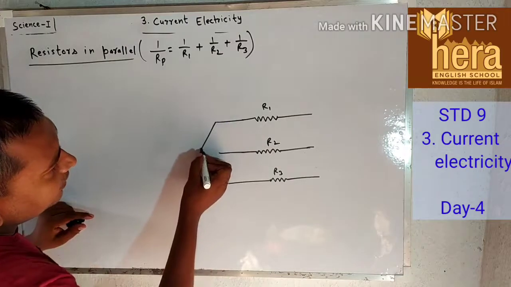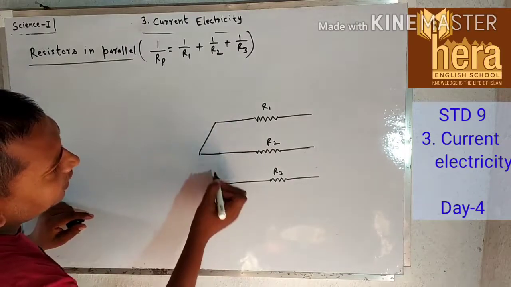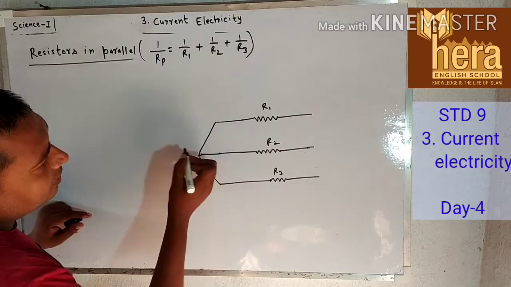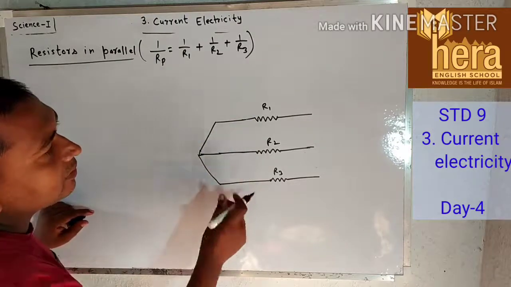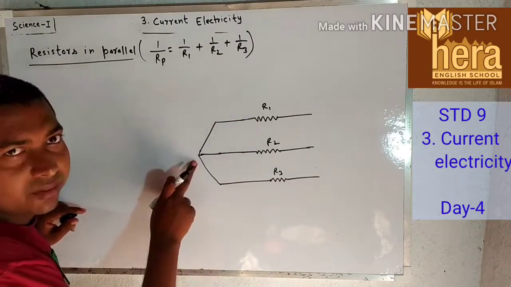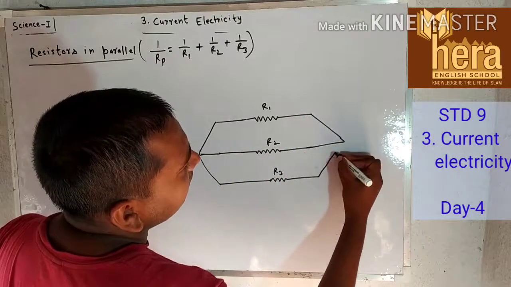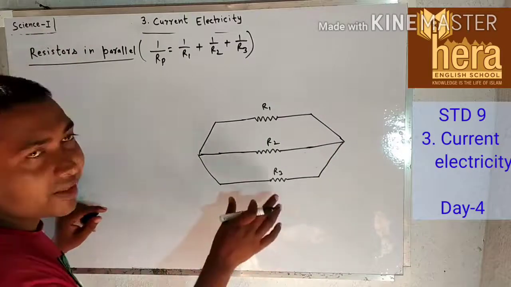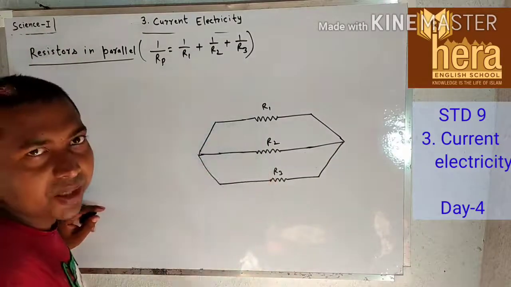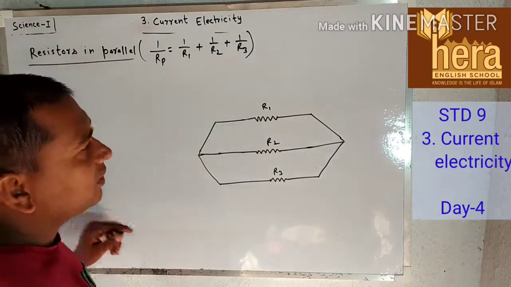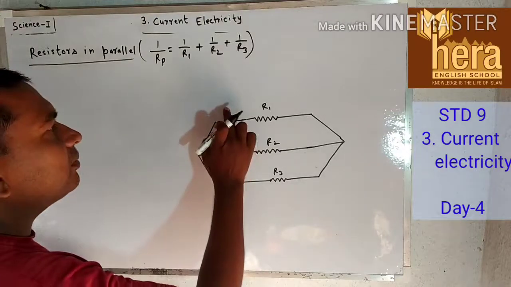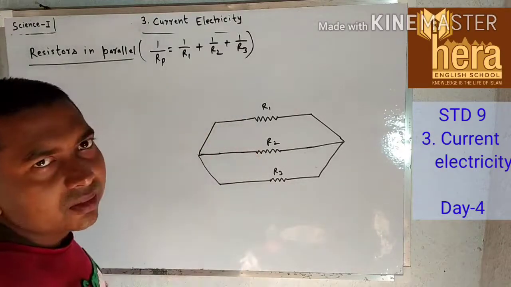If we connect all the terminals of the resistors to a common point, similarly this side, then this combination is known as resistors connected in parallel. Understood?